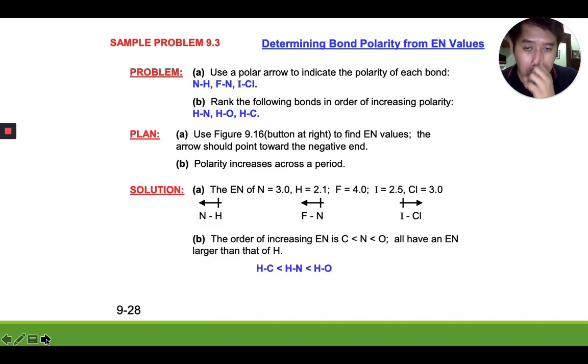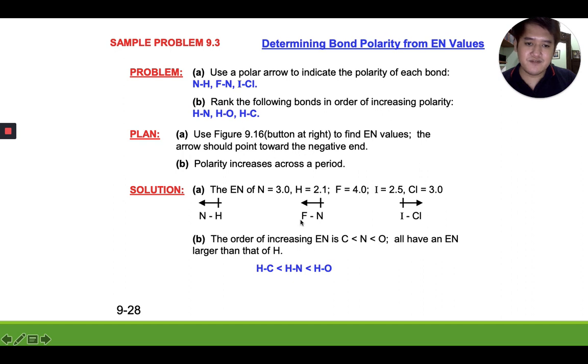Here you have the electronegativity values of the elements involved. The arrow is drawn towards the atom which is more electronegative. So hydrogen becomes partially positive, and the electrons will be drawn nearer to nitrogen, because nitrogen has higher electronegativity than hydrogen.